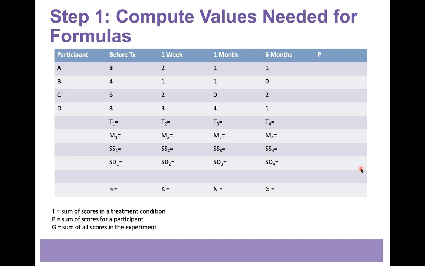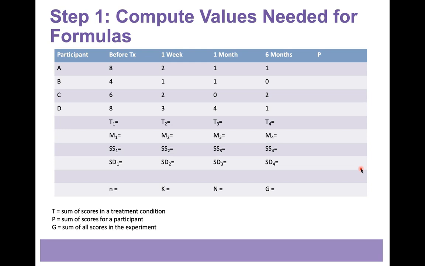I will be posting a blank one of these on iCollege so that you can print it off and use it when you do practice problems, when you do the homework, and when you take the exam. So for now, draw this out on a piece of paper as we're going through this example, but know that you will have a blank version of this that you can use at any point moving forward.